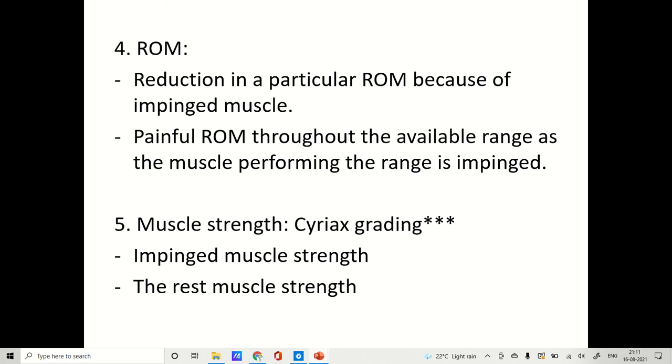But once you start the therapy, the pain still continues. Pain continues for about 2 to 3 weeks continuously. Even I had a patient who had continuous pain in the same region for about a month, but the range kept on improving. That pain is due to the fact that the subacromial space can never be increased too much.